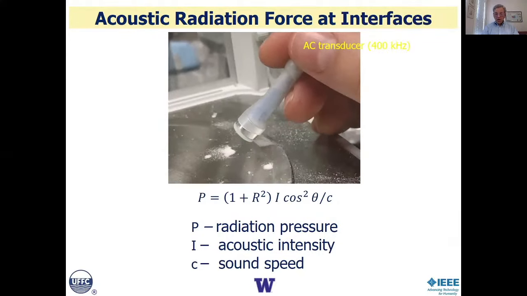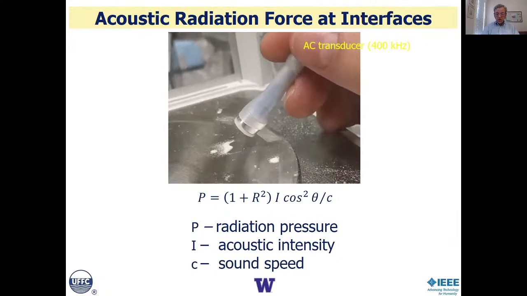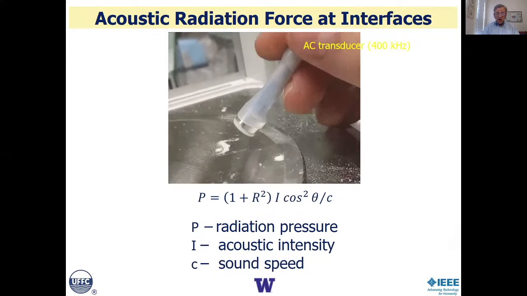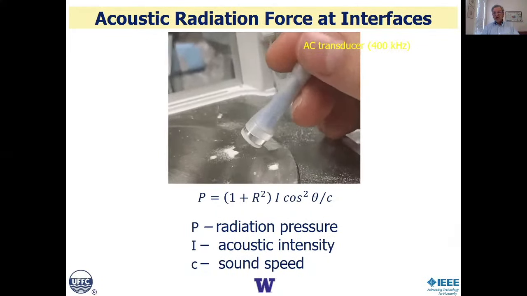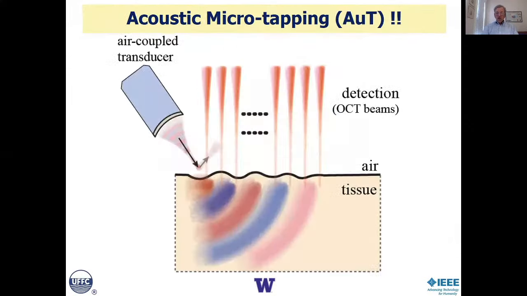This is a commercial transducer functioning at a few hundred kilohertz, just showing how you can move around some salt very easily. These forces are quite substantial, and certainly for the nanometer scale displacements we need for our OCT system are easily done. So that's what we did, we went into the business of fabricating air-coupled transducers working in the 1 megahertz to 2 megahertz range, so we can get the spatial selectivity that we need.